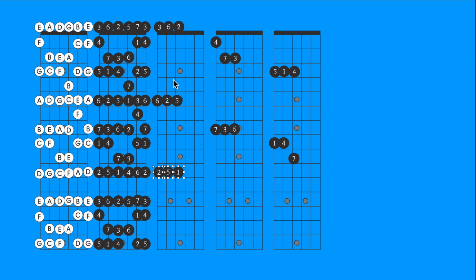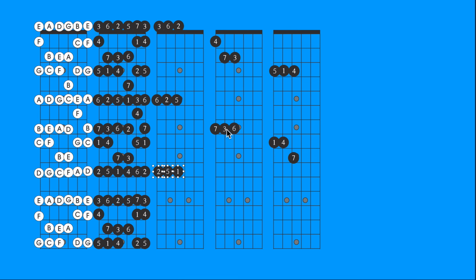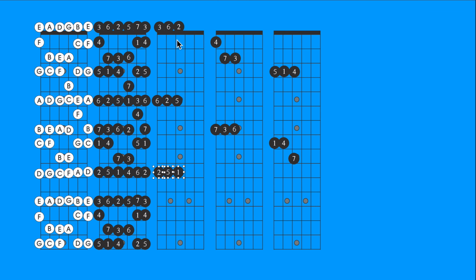So we see our 362, our 625, our 251, our 736, and our 514 all look the same. It's that interval of the 4 to the 7 that changes everything.